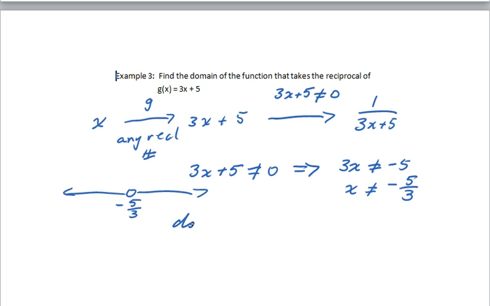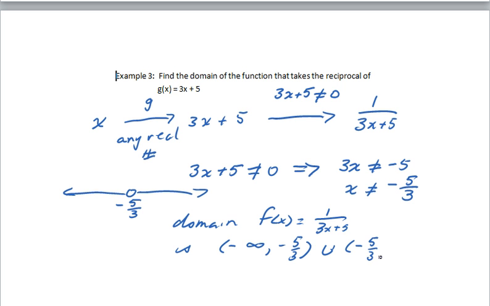The domain of f of x equals 1 over 3x plus 5 is the interval from negative infinity to negative 5/3 union negative 5/3 to infinity. Again, the negative 5/3 is not included in either interval.